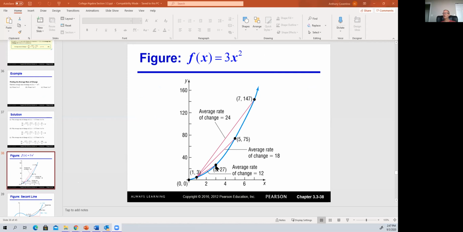And you can see that down here, you have x equals 1, y equals 3, and then x equals 3, y equals 27. This first red line that connects those two is the linear line that would be between those 2 points. And what we just did in calculating the average rate of change is calculating that slope of that line if we connect it just the way we have there.